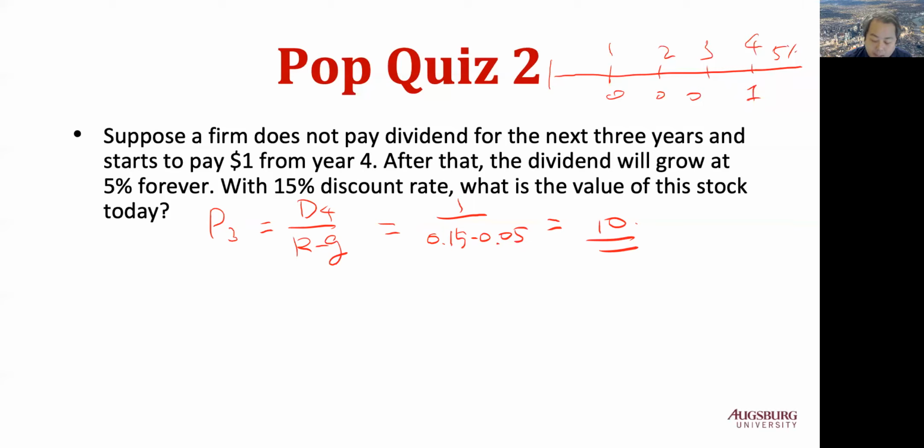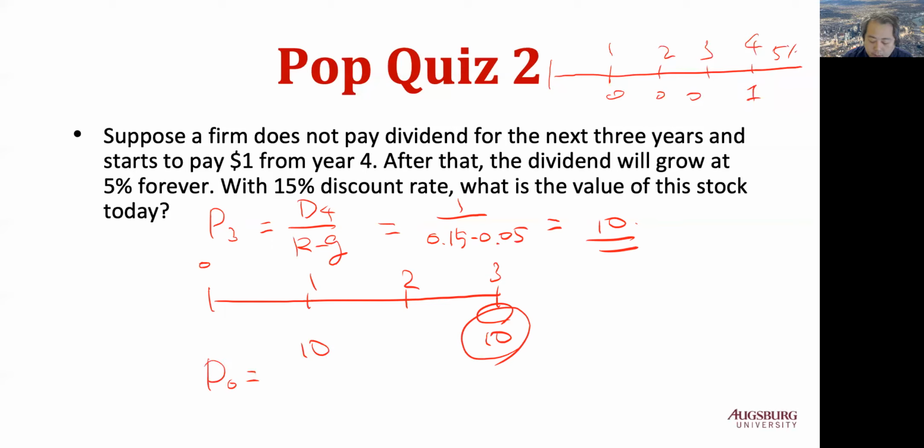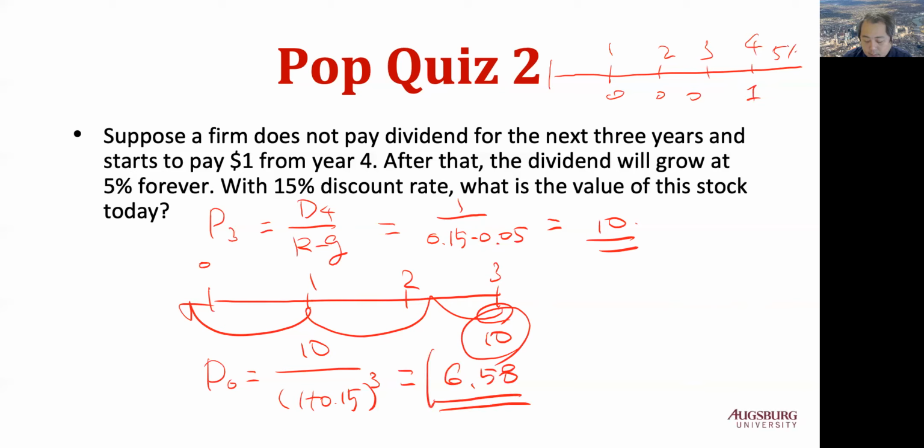And let's assume that we sell it in year 3 for $10, and there's no dividend. So the only cash flow is the $10 selling price in year 3. So the price today is $10 divided by 1 plus 15% to the third, back to the present. You must have the same answer again, $6.58. Again, you can choose either way.